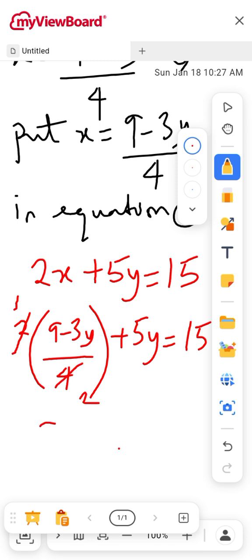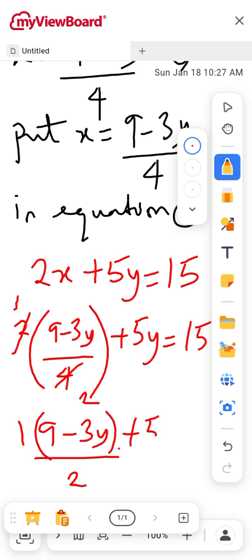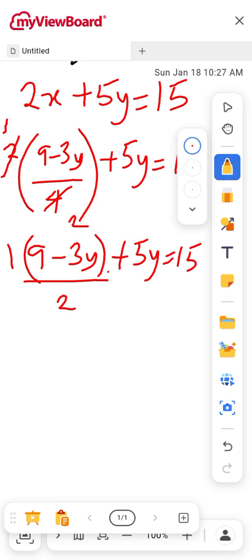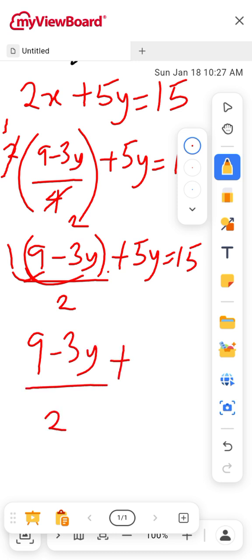So that I have 9 minus 3y over 2, there's a 1 outside, plus 5y equals 15. If I open up the brackets, I use the 1 to multiply. 1 times 9 still remains 9, 1 times minus 3y over 2 plus 5y equals 15.